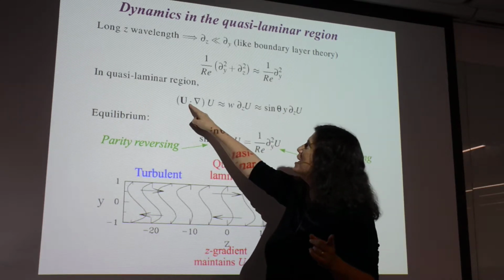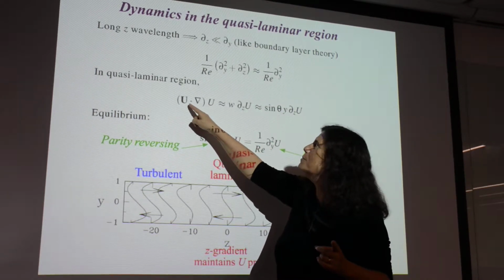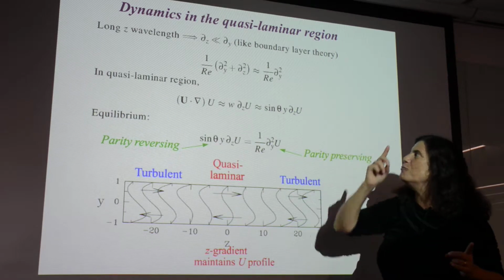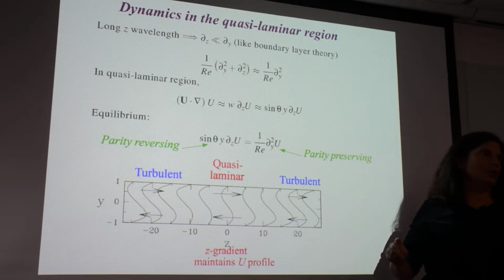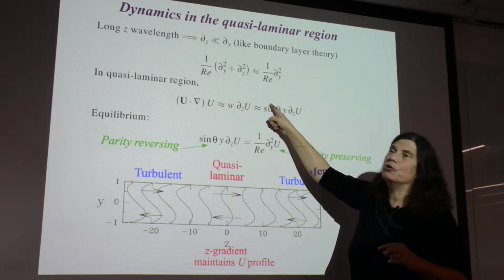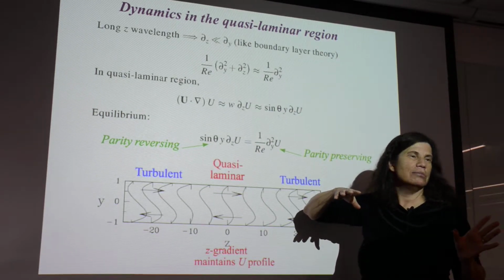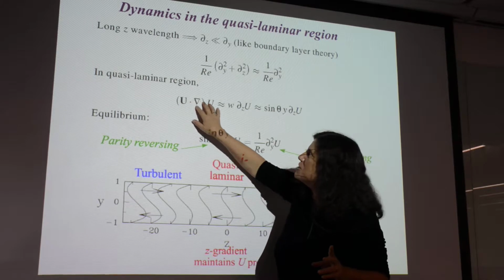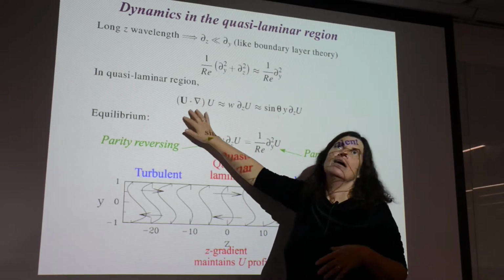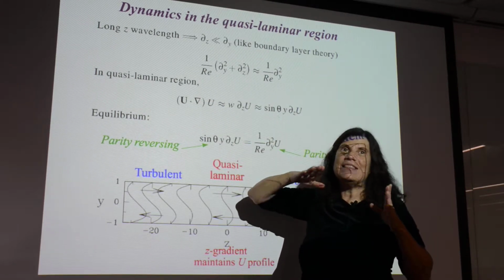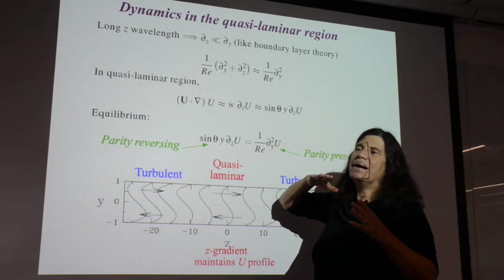Then in the quasi-laminar region, u dot grad u can be mostly approximated as the advection by the base flow. This is the base flow, this is the laminar flow, and it's advecting whatever structures you have. We're only looking in the direction parallel to the bands.